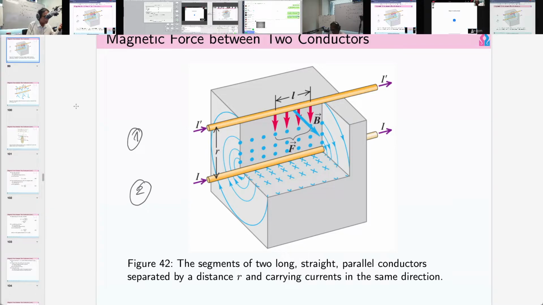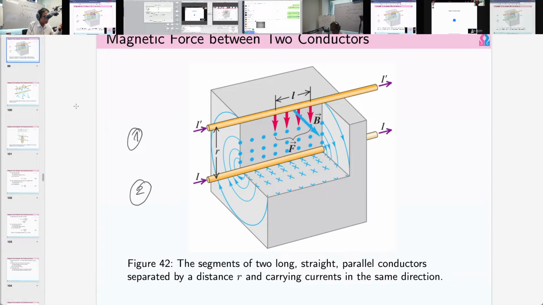And the lower one, which is the second conductor, the amount of the current is denoted by I, without prime or without dash. We use I and I prime so that we can have any value for those two currents, and it can happen that both currents have the same magnitude.